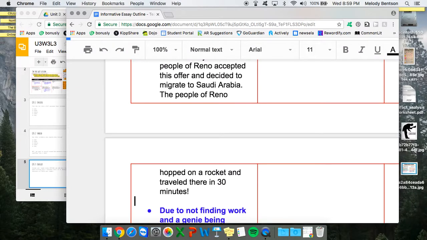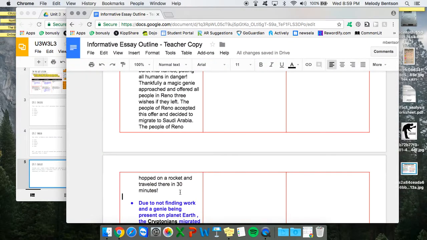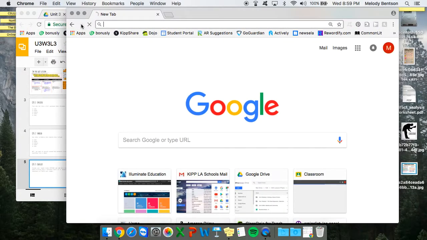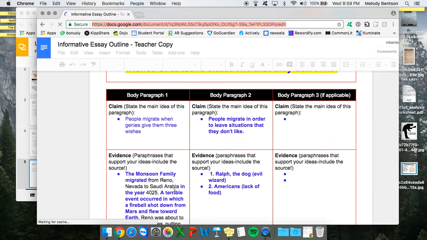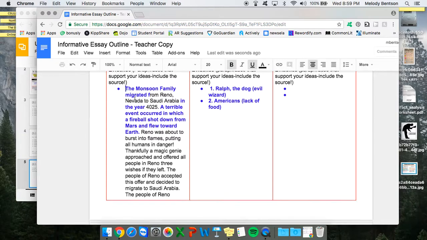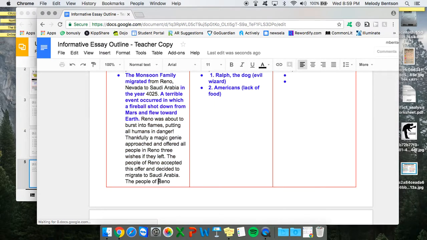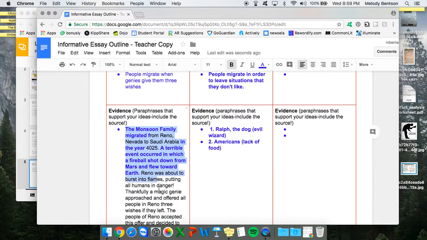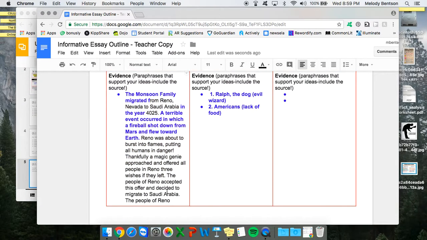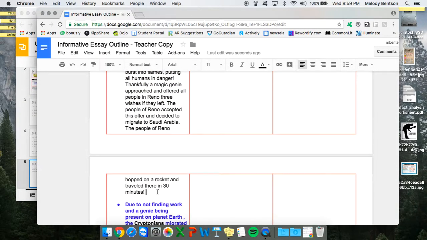Now obviously you guys know that this is fake, but for my modeling purposes, I am demonstrating how I added more context so that my reader is not confused. And I added more context by remembering what I read about in my source or even going back to that source. Voila.